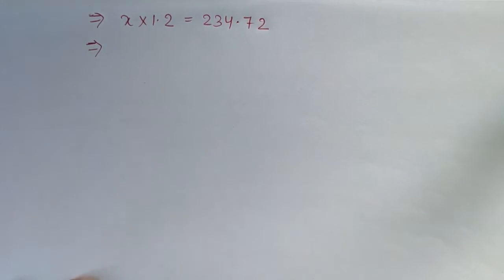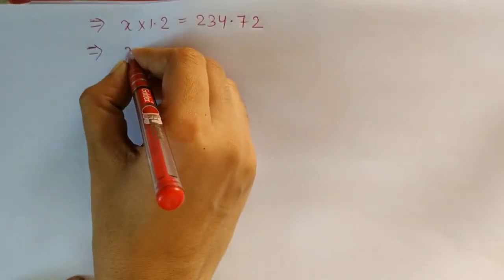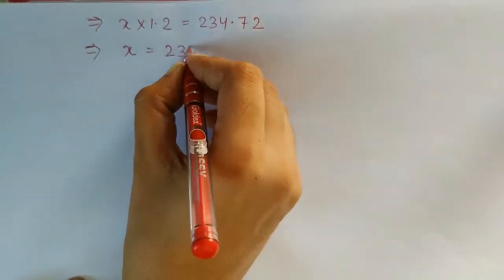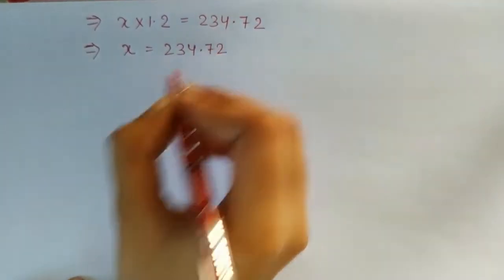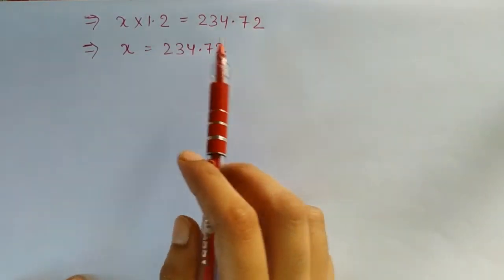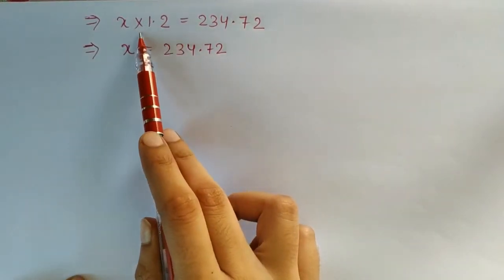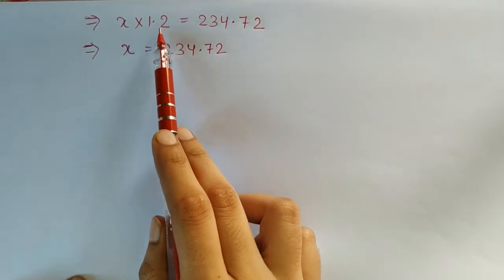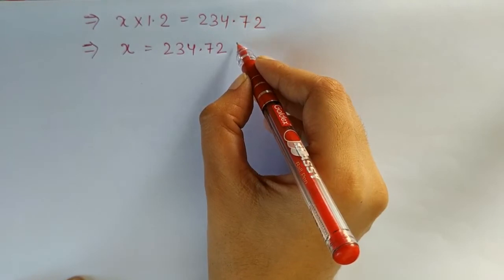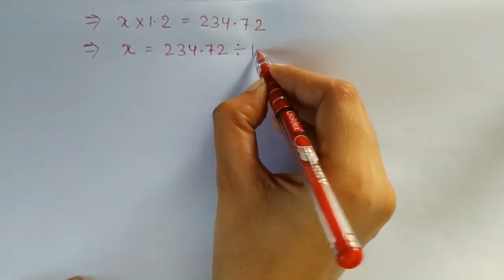Now you all know, to find the value of x, we will leave the x here only, and 234.72 will remain as it is. Now we have to take 1.2 to the right side. Since 1.2 is in multiplication here, if we transpose it to the right side, it will change into division.